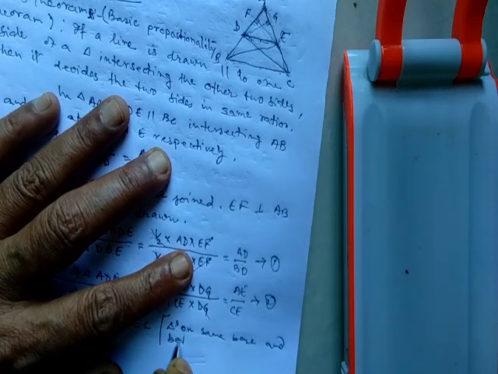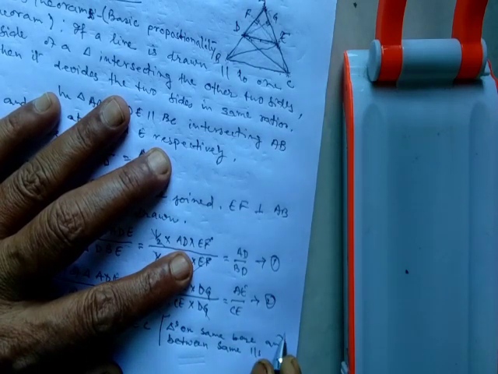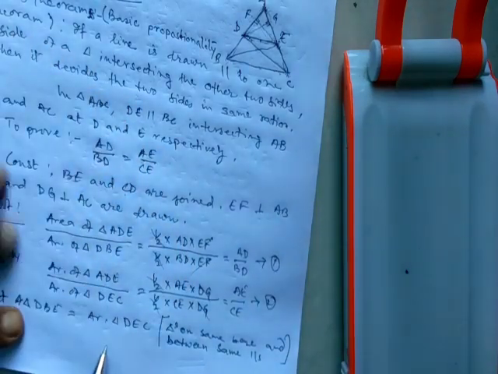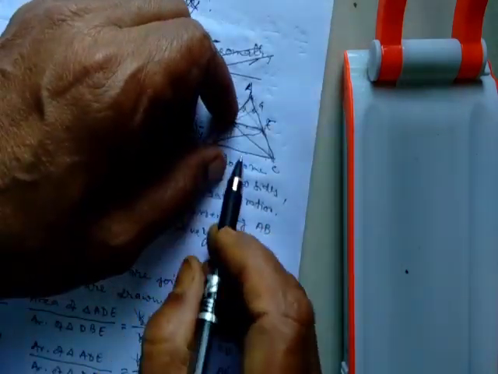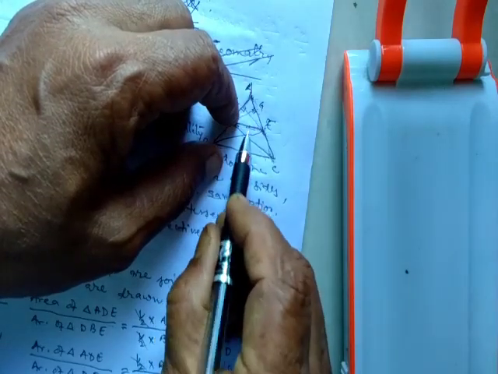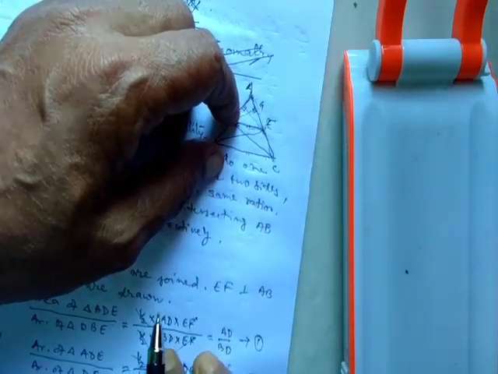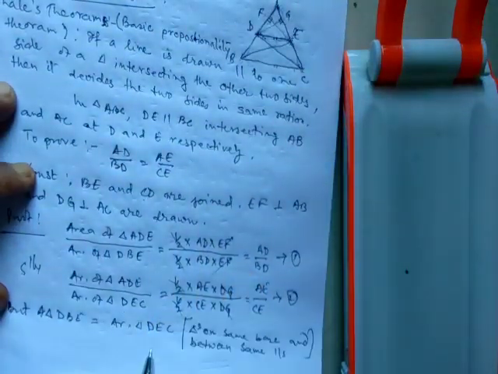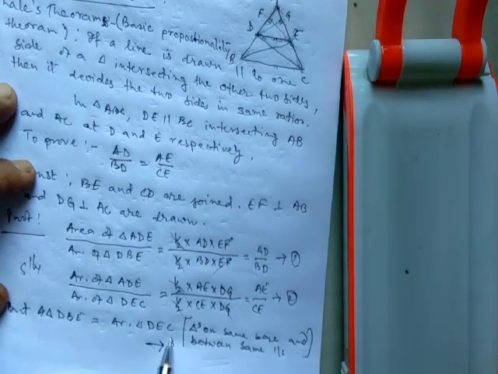If two triangles lie on the same base and between the same parallels, then their areas are equal. So this I am marking as 3.